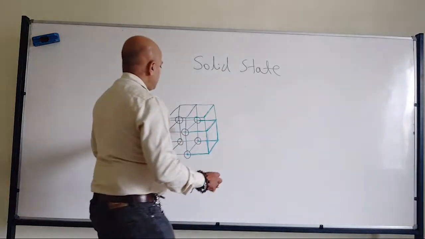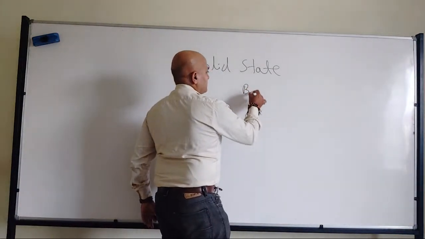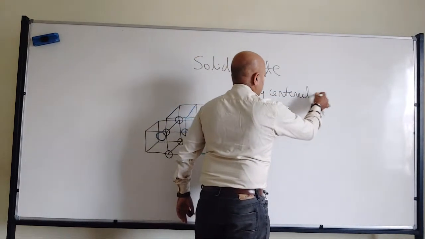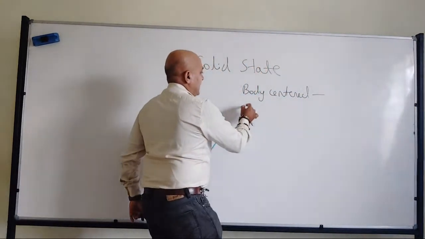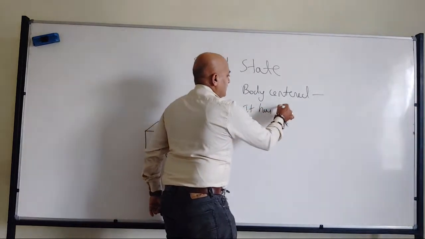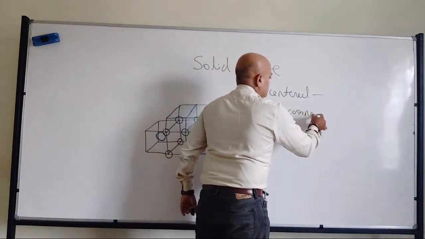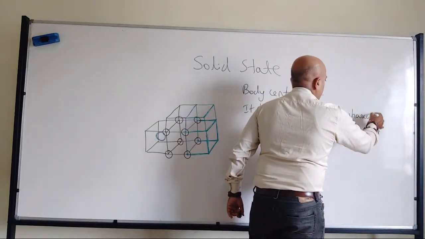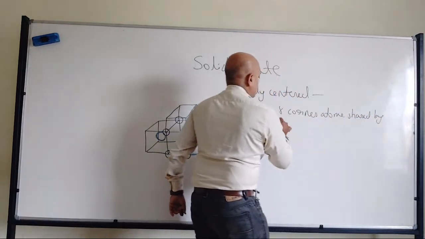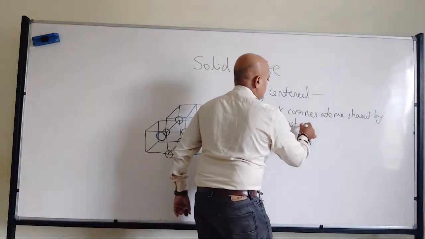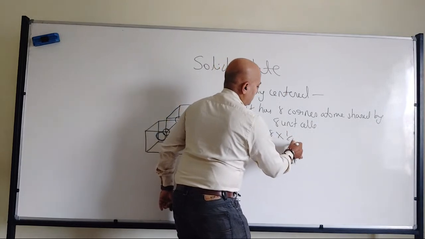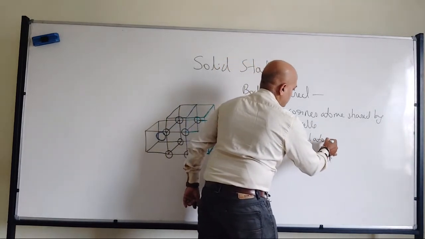So therefore, when it comes to body centered unit cell, you should tell that it has 8 corner atoms shared by 8 unit cells. Therefore, 8 into 1 by 8 is equal to 1 atom.